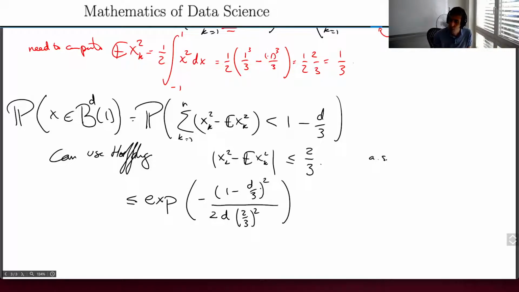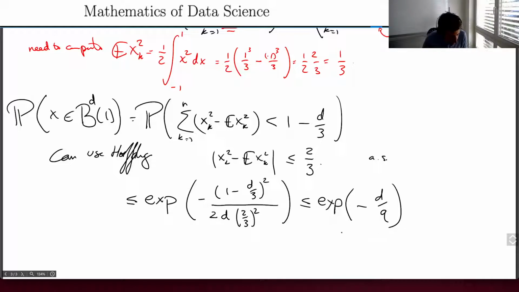Of course, the term in d squared is the one that's big. The other ones don't really matter. The term in d squared is going to have a 1 over 9, and then here I have a d that's going to cancel that d. And here, this will be like 8 over 9. The 9s are going to cancel, and the leading order thing is minus d over 8. So I'm just going to take a number after to make sure that it's smaller, so I don't have to worry about it. Let's say that this is smaller than d over 9.